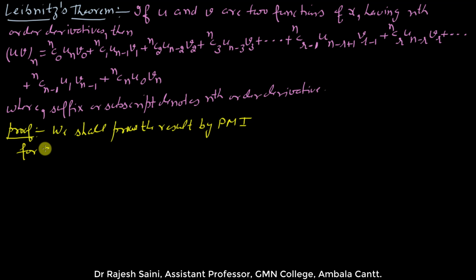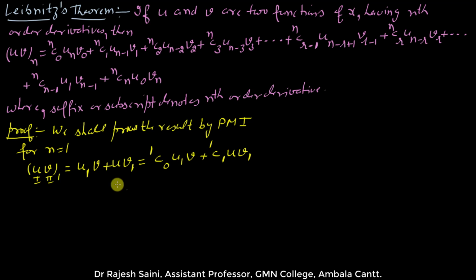For n is equal to 1, we will be having (uv)_1 is equal to, apply the product rule, u_1 v plus u v_1, and this can be written as 1c0 u_1 v plus 1c1 u v_1. Fine.